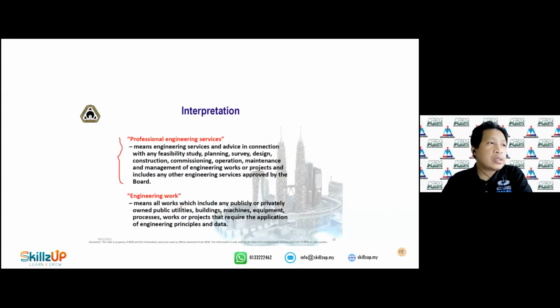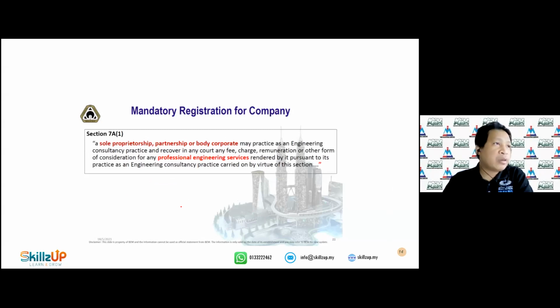Okay, so that is a summary of the interpretation, some definitions from the Board of Engineers with regard to registration of the company. So it means that if you wish to set up an engineering firm in the future, you need to register with the Board of Engineers.